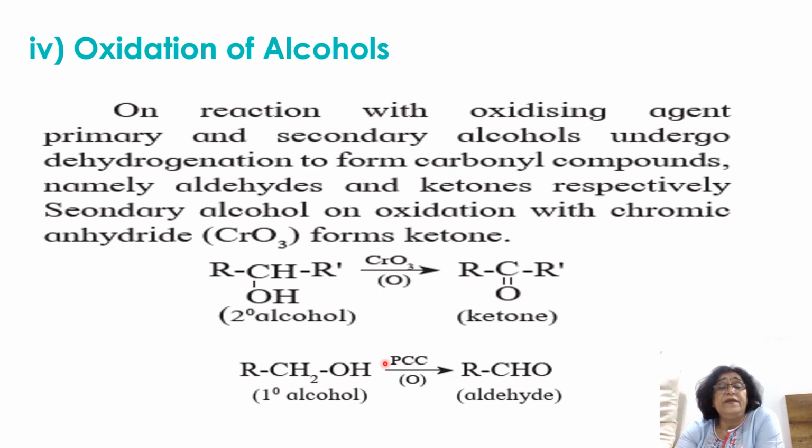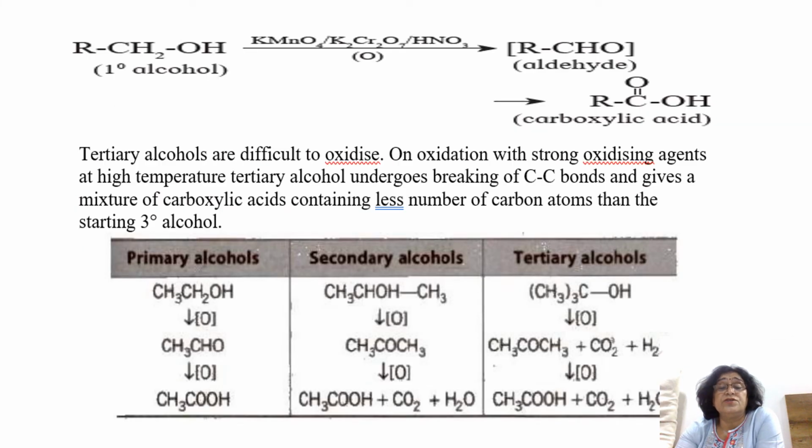So if you are using PCC, that is pyridinium chlorochromate, then aldehyde is formed. It is restricted oxidation. But if you are using strong oxidizing agents like KMnO4 and acid or alkali, K2Cr2O7 and acid, or HNO3, then what happens? Primary alcohol first oxidizes to aldehyde and then further oxidizes to carboxylic acid.